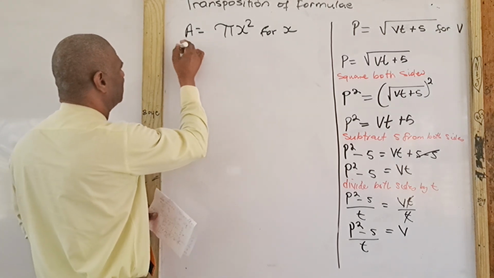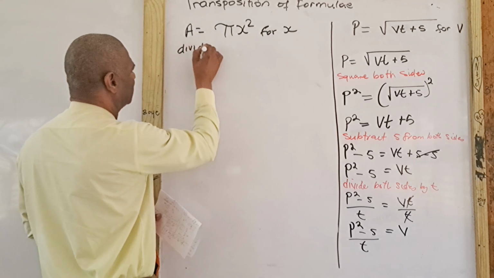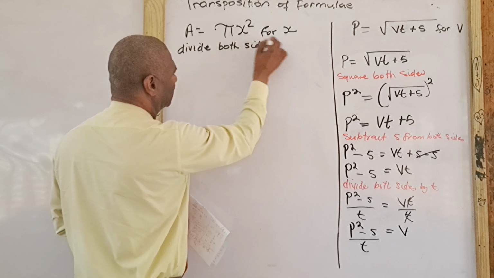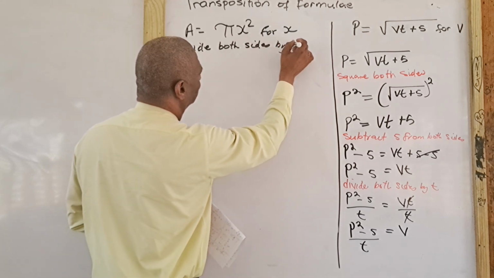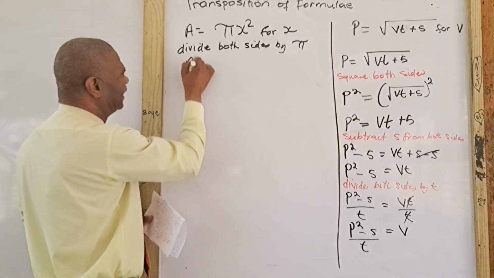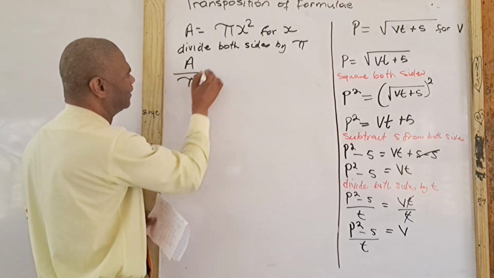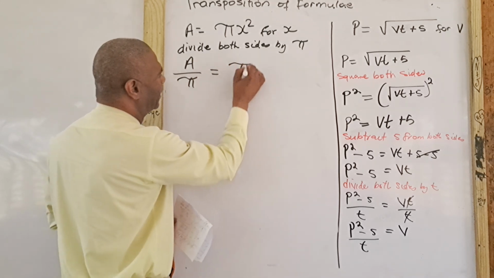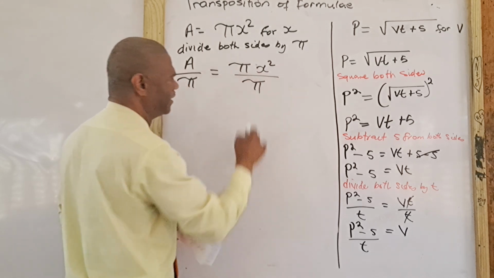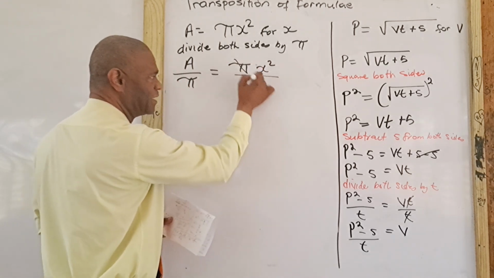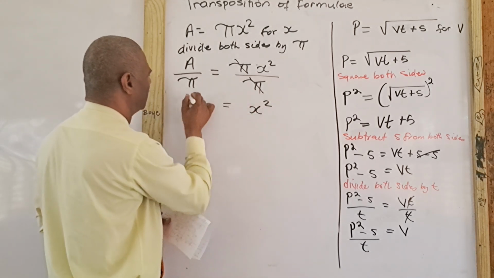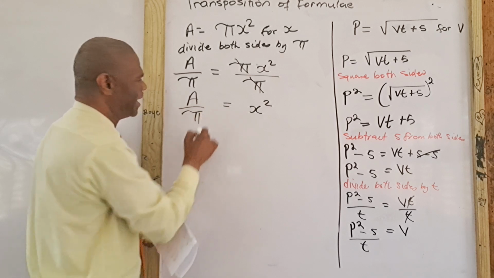So we divide both sides by pi, and that will give us A divided by pi equals pi x squared divided by pi. So the pi's cancel each other, and we're left with x squared equals A divided by pi.